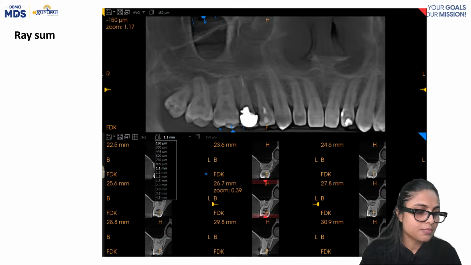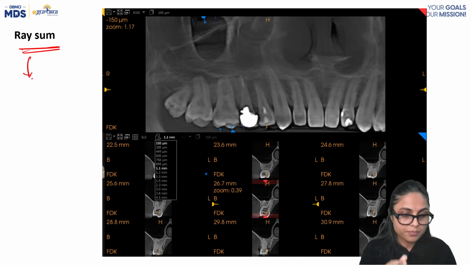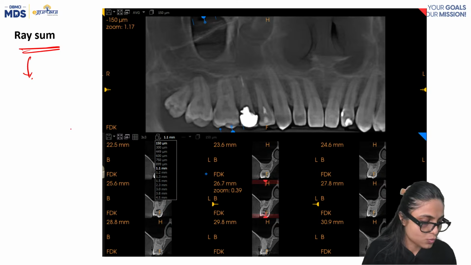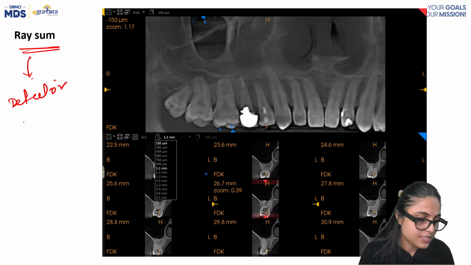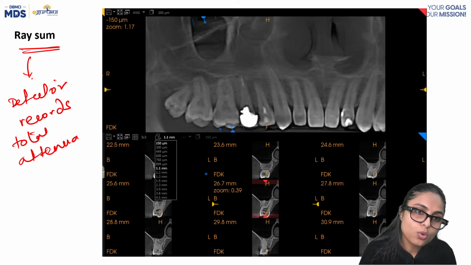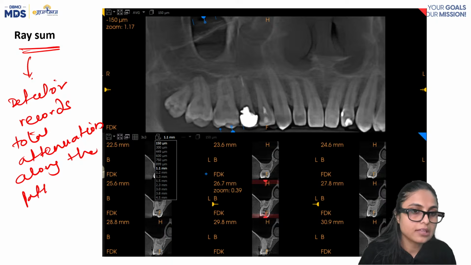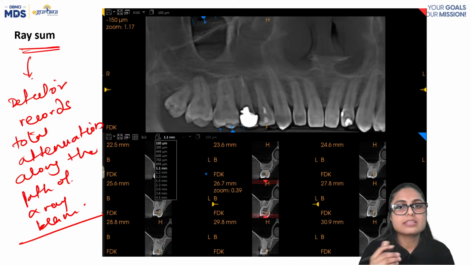The theoretical definition of the term ray sum is this: the detector of CBCT records the total attenuation along the path of the X-ray beam. That is called ray sum.